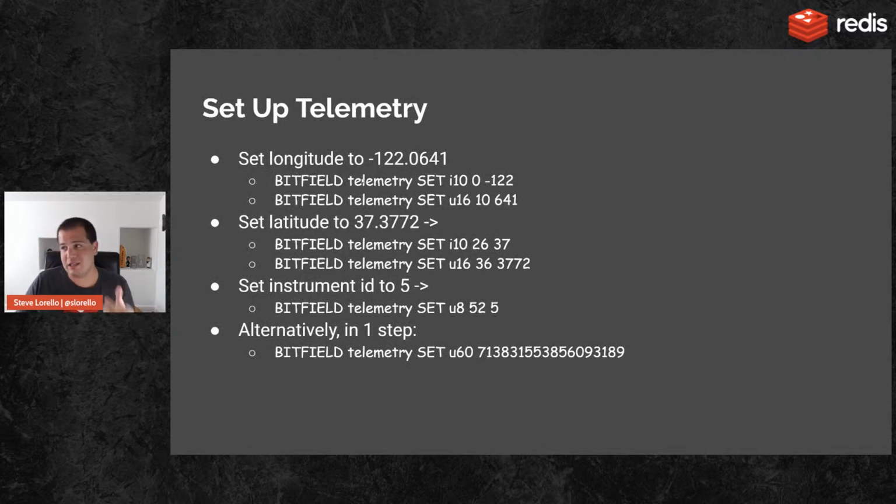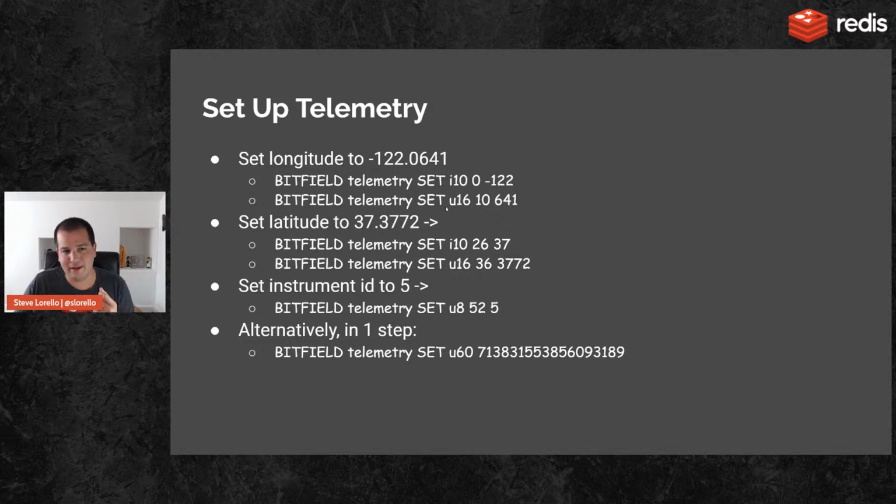So if we wanted to set the longitude for this, we could essentially have a single key that we're going to store everything in, and we'll call that telemetry. We use the bitfield command, telemetry, and then we set an I10, so a signed 10-bit integer, starting at the offset 0 to negative 122. So that takes care of that 122 part.